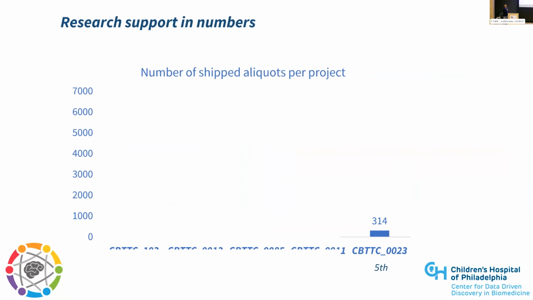This brought me to the aspect of checking which project used the most specimens and what the top 5 projects within the CBTN are. And the fifth came CBTN 23, which is a proteomic project with over 300 aliquots shipped.